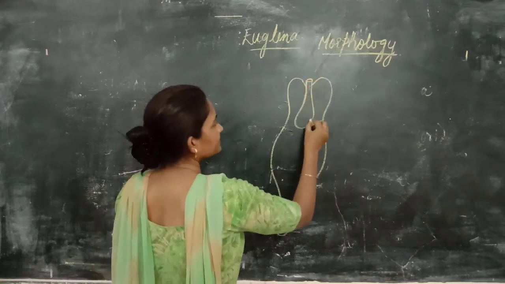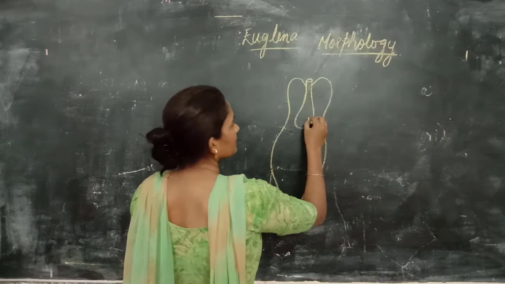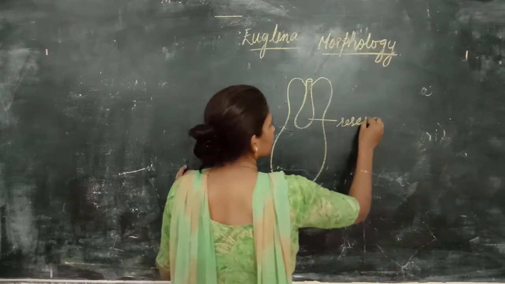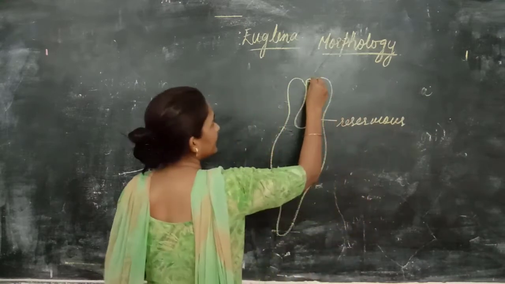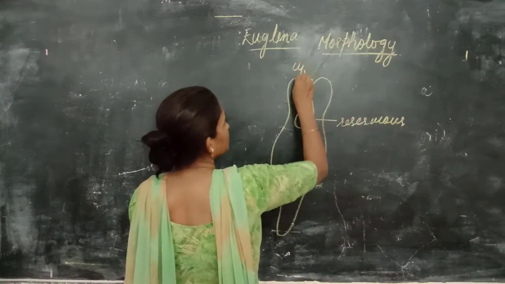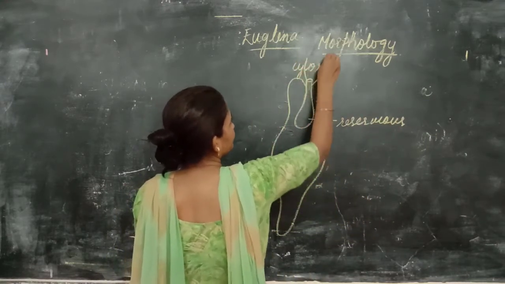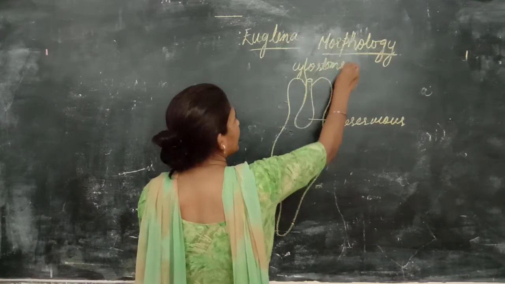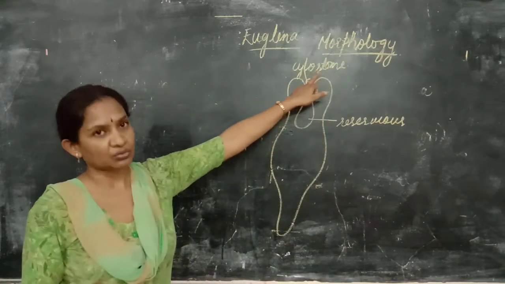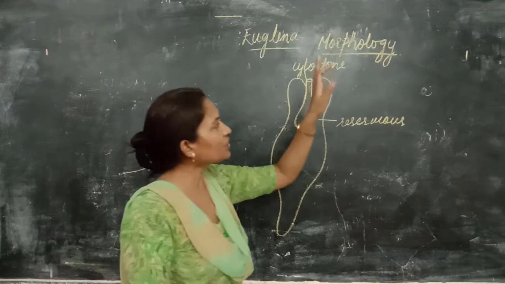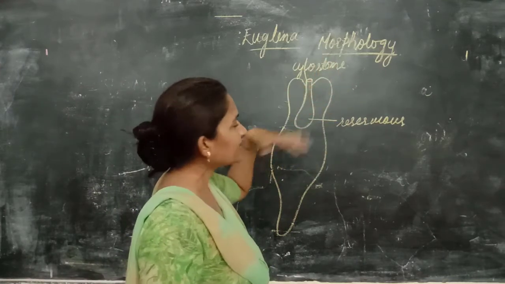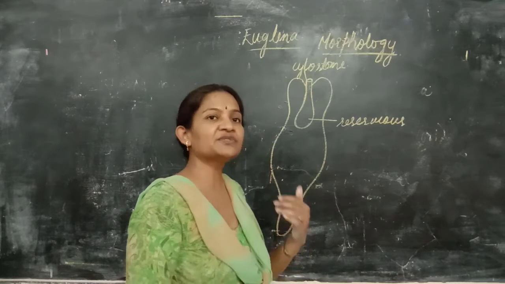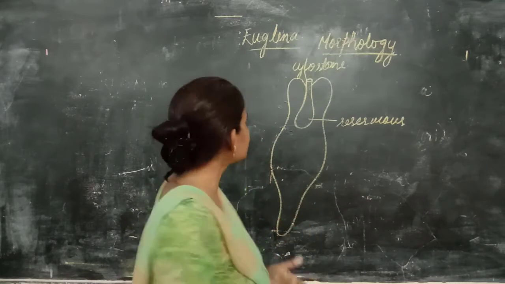This is the reservoir, and this is the cytostome. Cytostome means mouth. Although it is not meant for the capture of prey, it is meant for other purposes, as we will discuss later in the class.